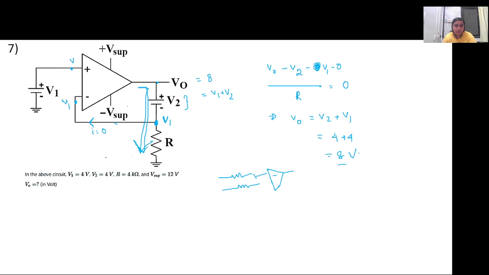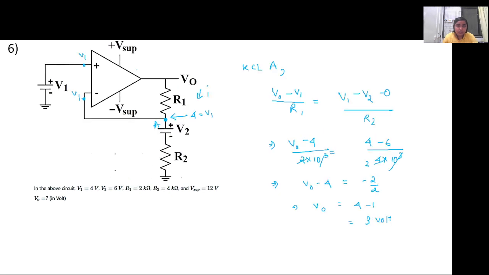Previous to this question, ma'am, please show. Here we can write KCL at node A. You can either write KCL at this particular node A or write a loop equation from here to here.